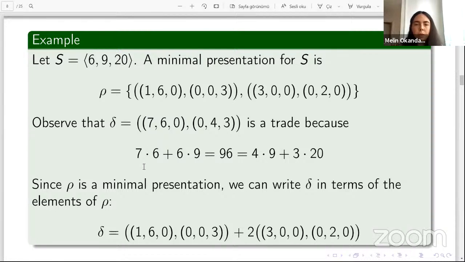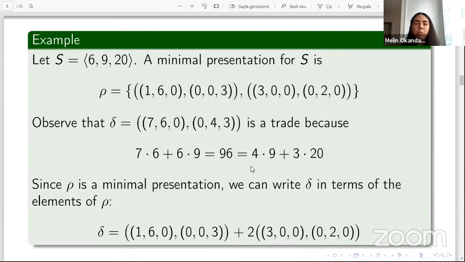And in the second coordinate, we are summing 6 with 2 times 0. Here we have 6. And in the third coordinate, we are summing 0 with again 0. Here we again have 0. If we were to do this for the other factorization and sum these together, it will again give me this one. So I have generated this trait using copies of traits in the minimal presentation set.